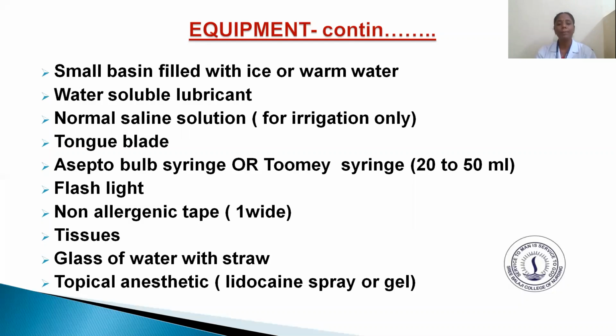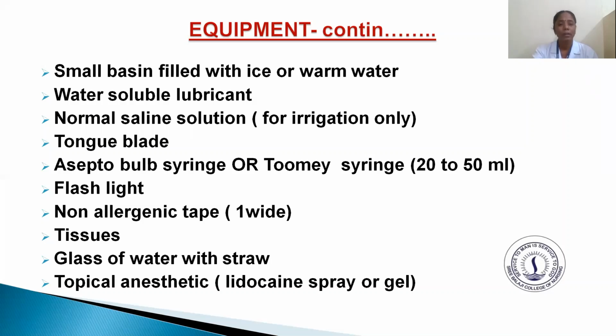An asepto bulb syringe or Toomey syringe, 20 to 50 ml, to auscultate the bowels: after insertion, you can inflate air into the stomach as well as aspirate the stomach contents. A flashlight to check whether the tube is inserted properly or not. Non-allergenic tape, tissues, a glass of water with a straw, and a topical anesthetic, lidocaine spray or gel.